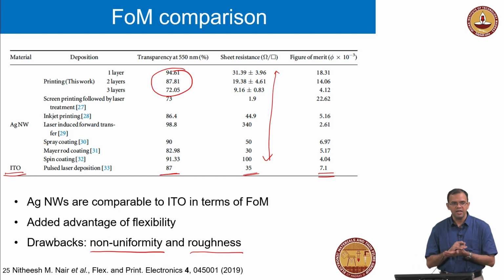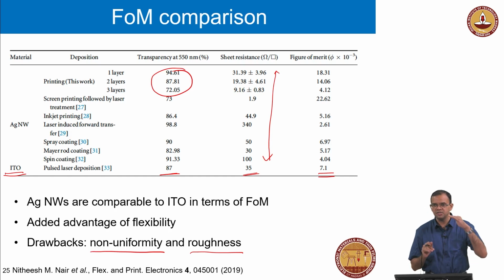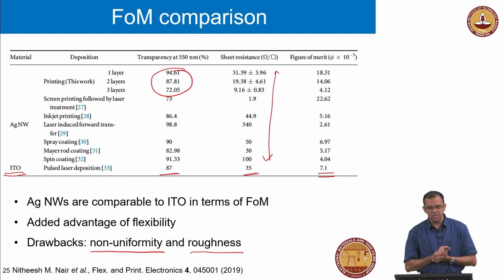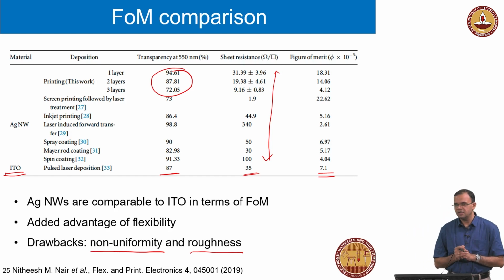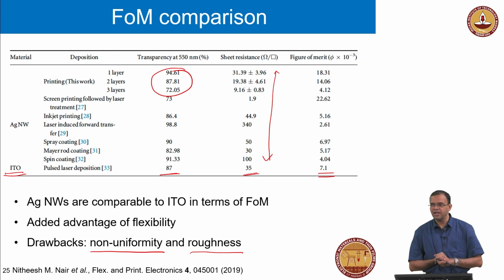So if I want to make a multi-layer device, having a very smooth film is essential, because then I can build the subsequent layers. Doing this with nanowires right now is still an issue. It can be a top layer, but trying to build devices with a silver nanowire layer as the bottom is still challenging.